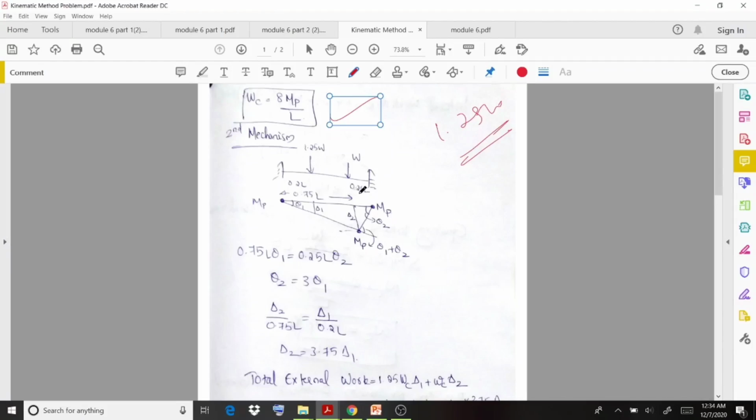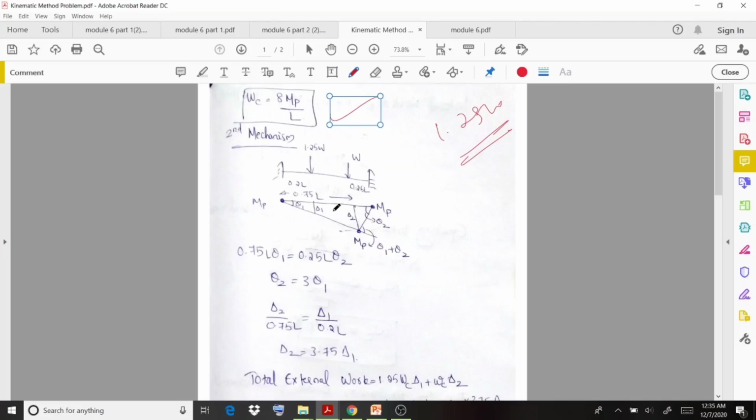Then coming to the next one, that is regarding the second mechanism. In this case, we are considering the plastic hinges provided at the W load. So the procedures are exactly the same. If you observe from here, you can see that 0.75L theta 1 equals 0.25L theta 2.